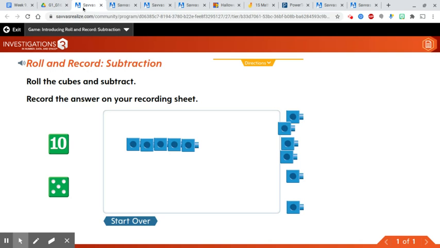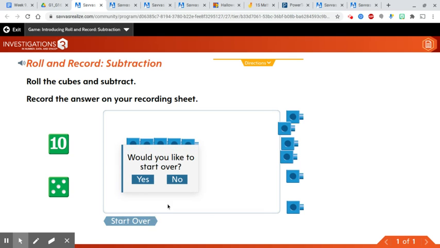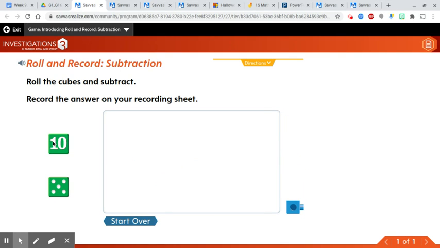So we'll try one more together. We're going to roll. And this time we're starting with 10 again. So I'll put my 10 back out. And remember, I like to group it in rows of 5 so that it's nice and easy to count and it looks like a 10 frame.